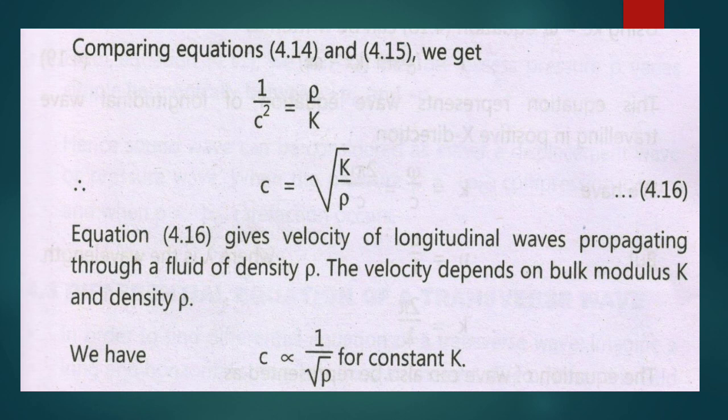This equation gives the velocity of longitudinal waves propagating through a fluid of density rho. The velocity depends on the bulk modulus K and density rho. Therefore, c is directly proportional to 1 by square root of rho for constant K. Thank you.